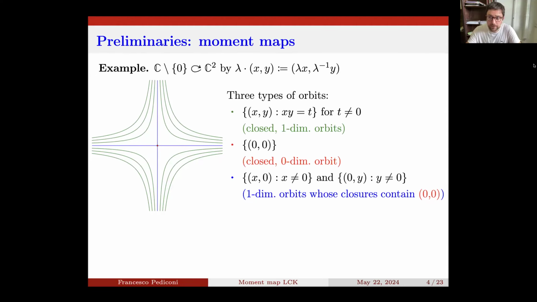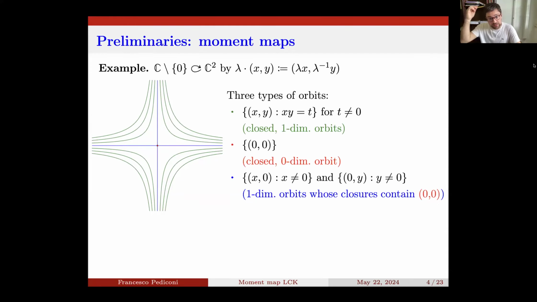Okay. Well, if you consider the orbits of this action, you're going to find three types of orbits. The first one corresponds in this picture to the green orbits, which are the set of x and y such that x times y is equal to t for some non-zero t. These are one-dimensional and closed.